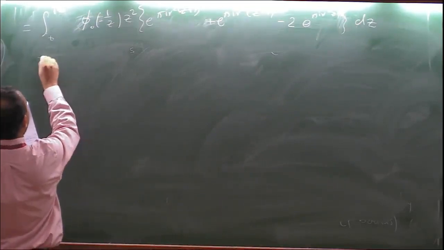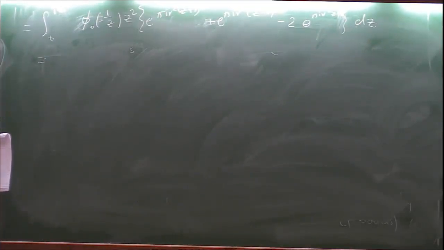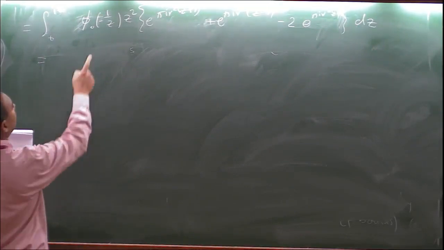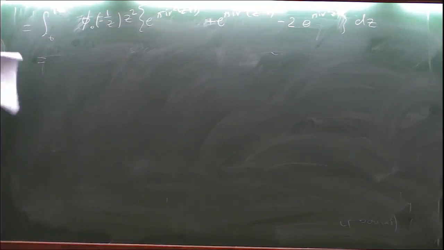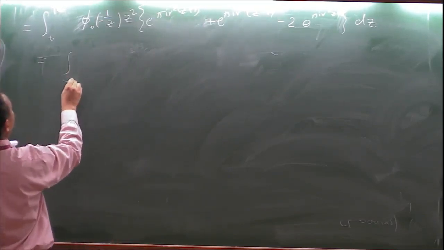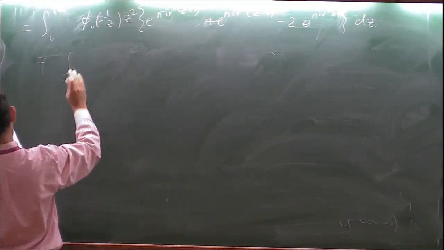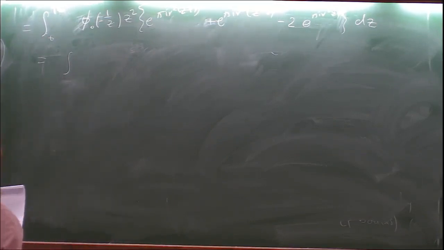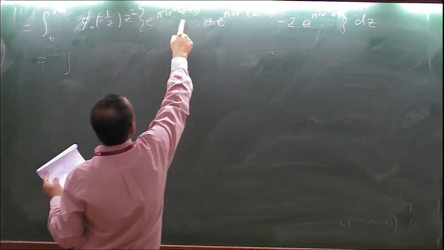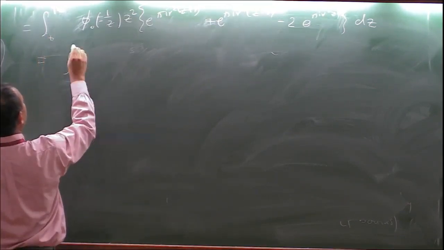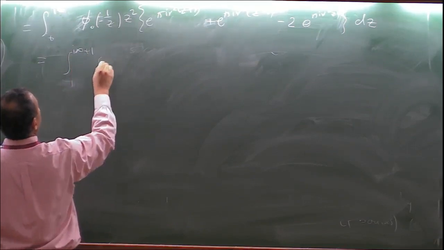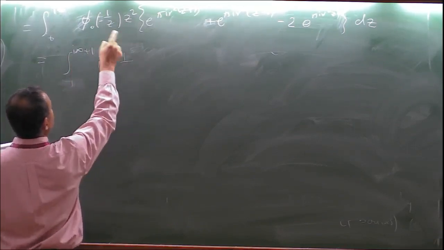And then what we're going to do is make a change of variable. For the first integral, you set z+1 equals z prime. So then z prime goes from 1 to i infinity plus 1, and you get φ0 of -1/z, and z is z prime minus 1.